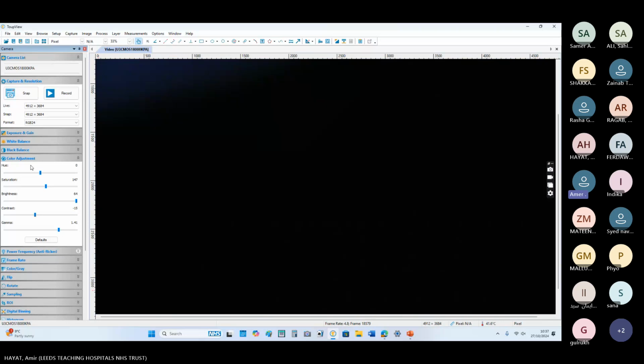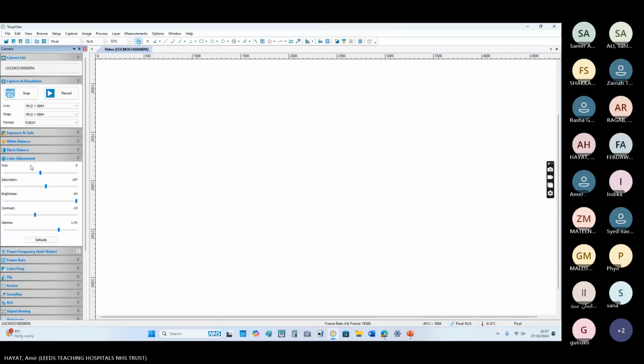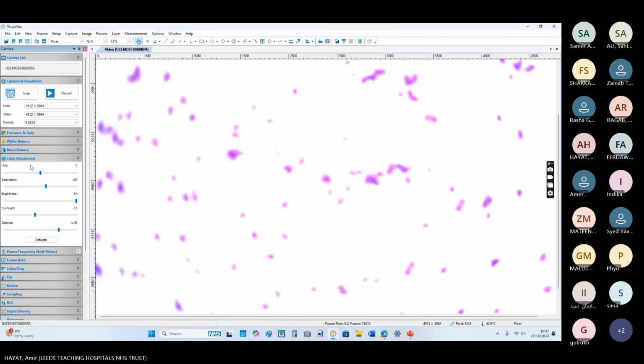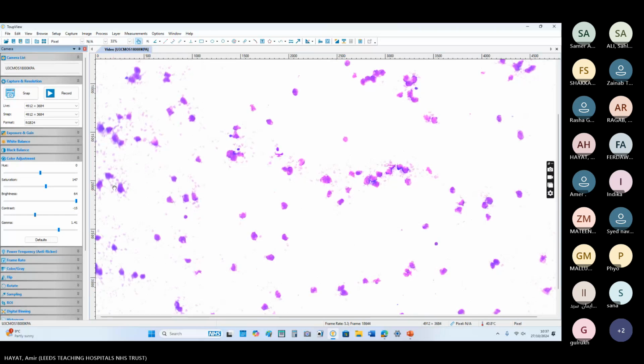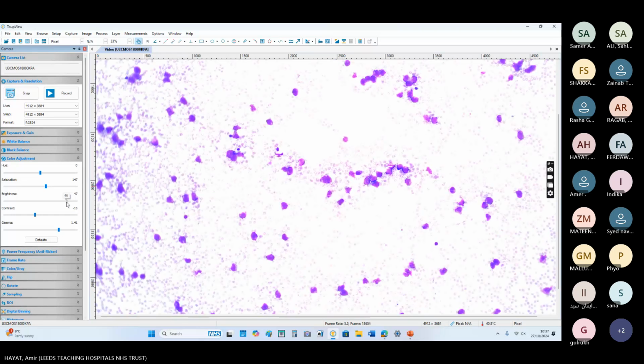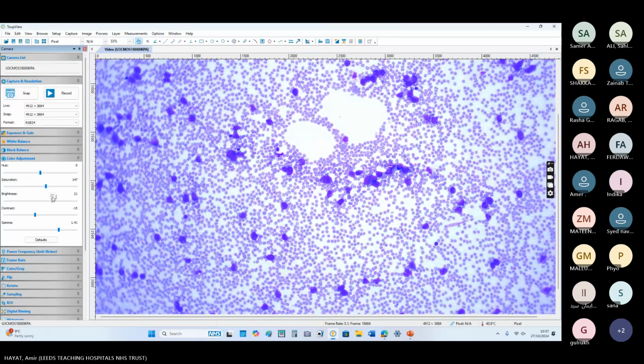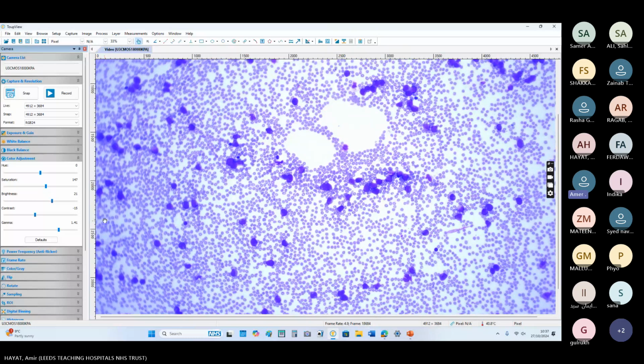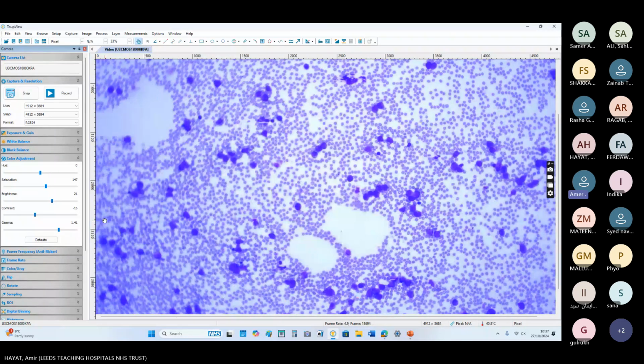So you will go to power 10, and you can see the cellularity.